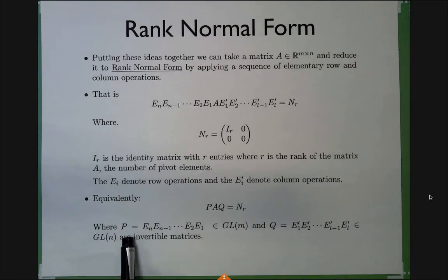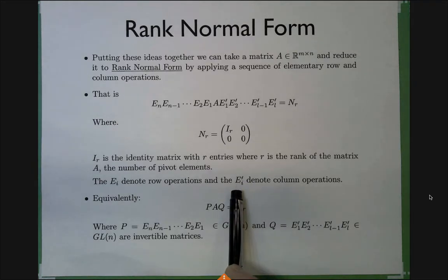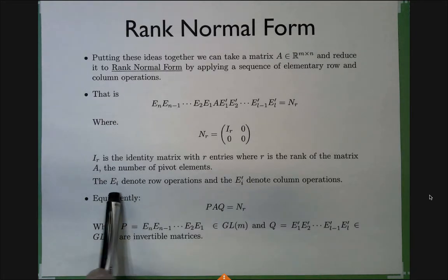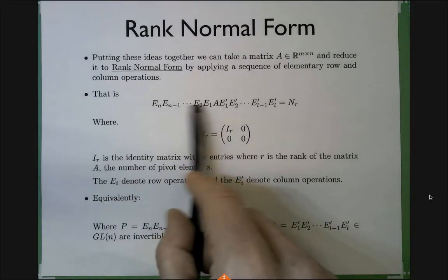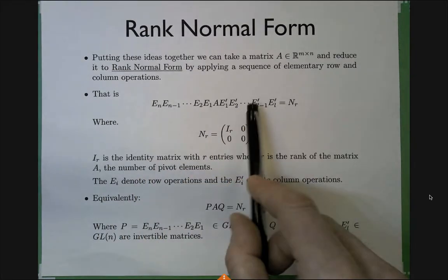Here, notice I'm referring to the previous class, the general linear group. Just to remind you, that was the group of invertible matrices. And that means that all the individual row or column transformations, the column ones I denote with a prime to differentiate them from the row transformations. So without prime it's row, with prime it's column.